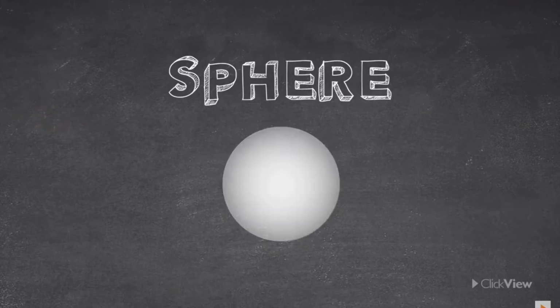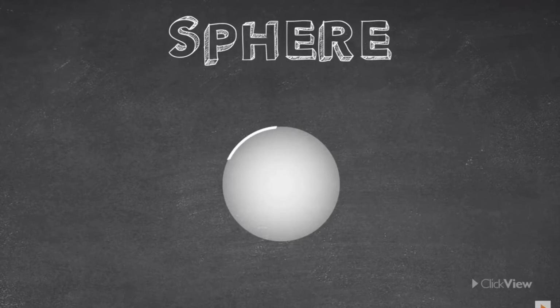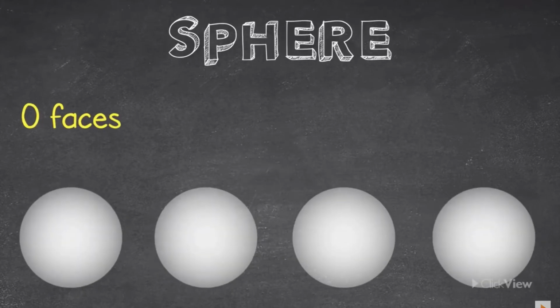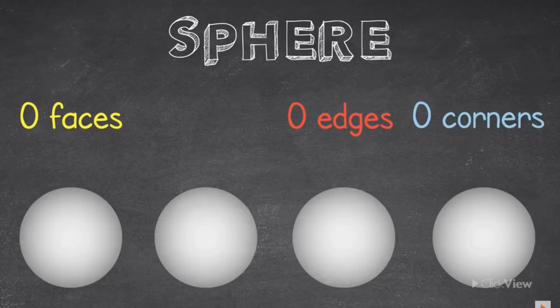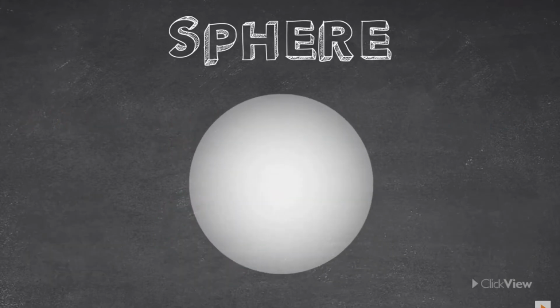This unique shape is a sphere. It's perfectly round, just like a ball. This means it has no flat faces, no edges, and no corners. Just one curved surface. How unique is that? That's what makes a sphere the perfect shape for a ball.